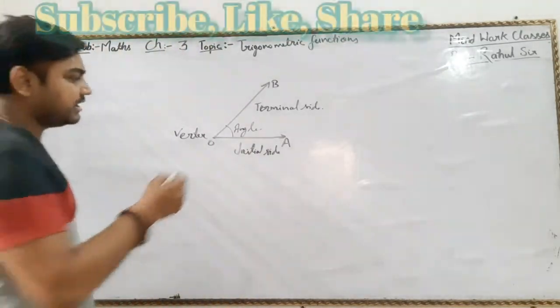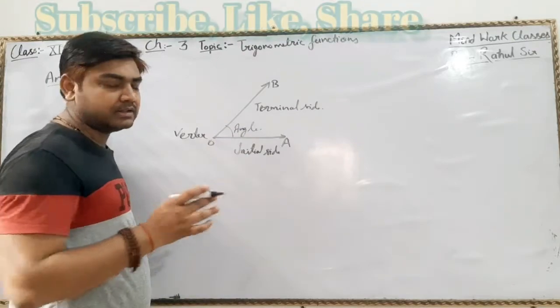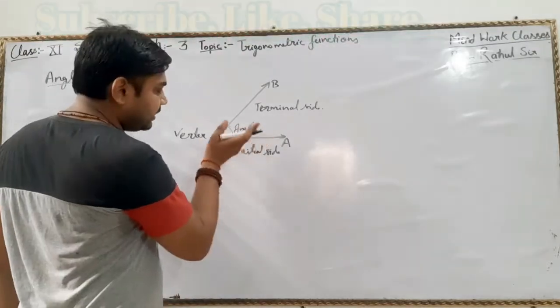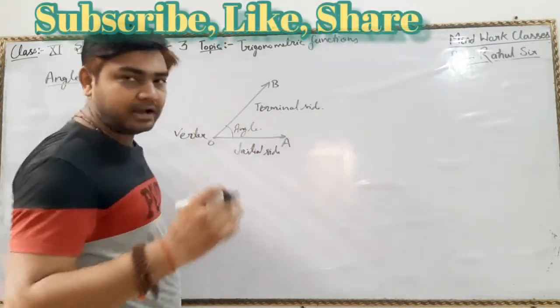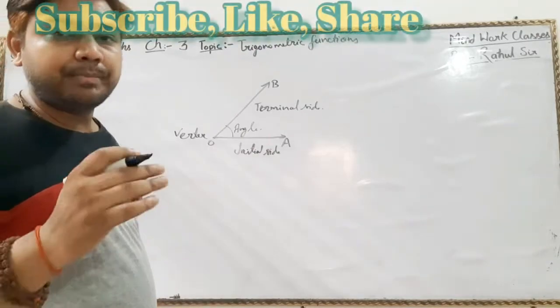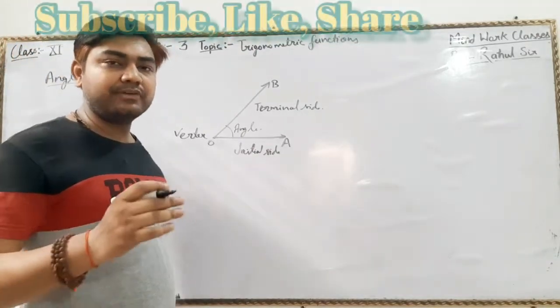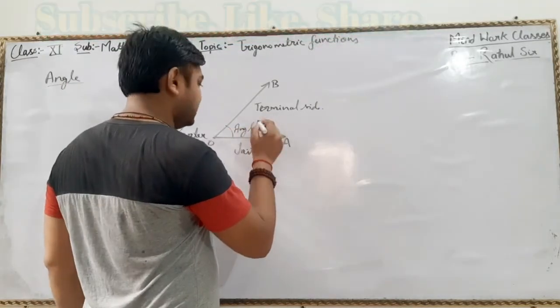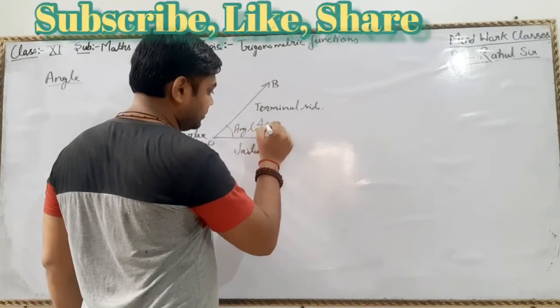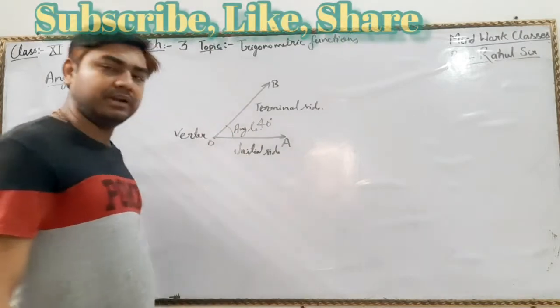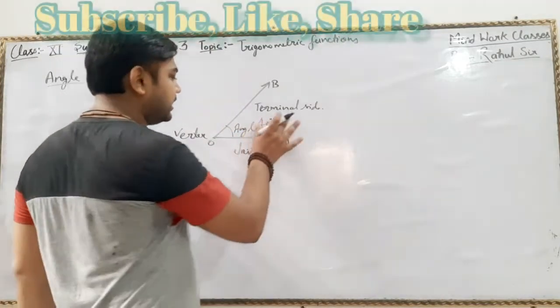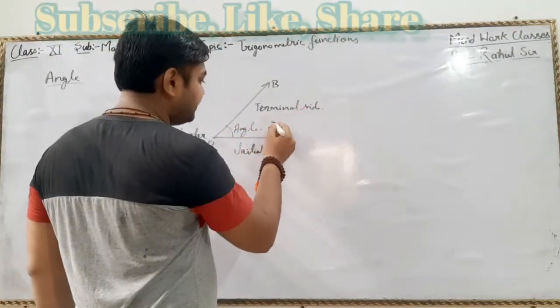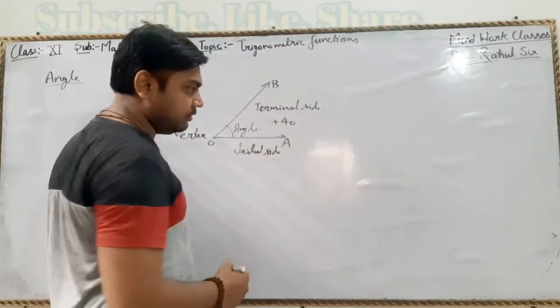Now please understand, if we rotate the ray anti-clockwise, the angle formed will be positive. Let us say this angle is 40 degrees, so this angle is plus 40 degrees.